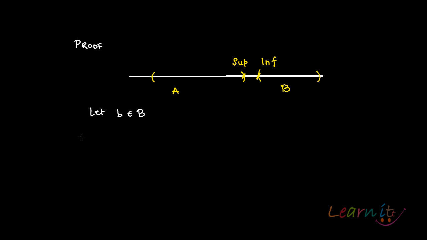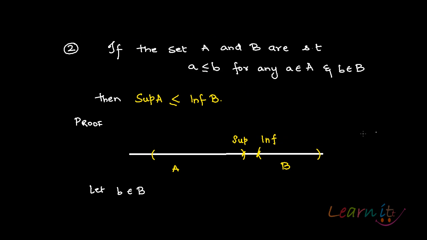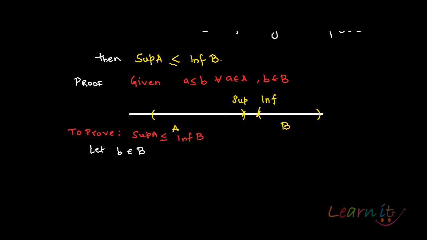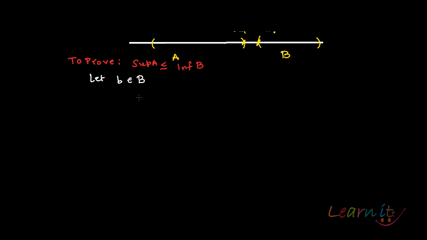Now, first of all, what I've forgotten to write is that we are given a is less than or equal to b for all a belonging to A and b belonging to B, and what we need to prove is that sup A is less than or equal to inf B. I beg your pardon, I forgot to write what I always say is the most important thing, given and to prove. Now, let b belong to B.